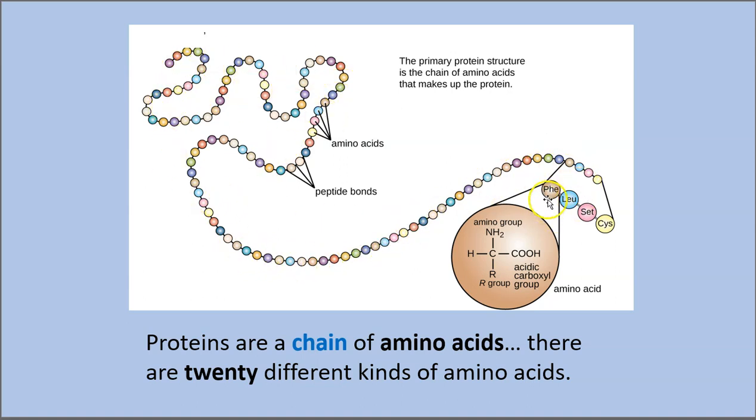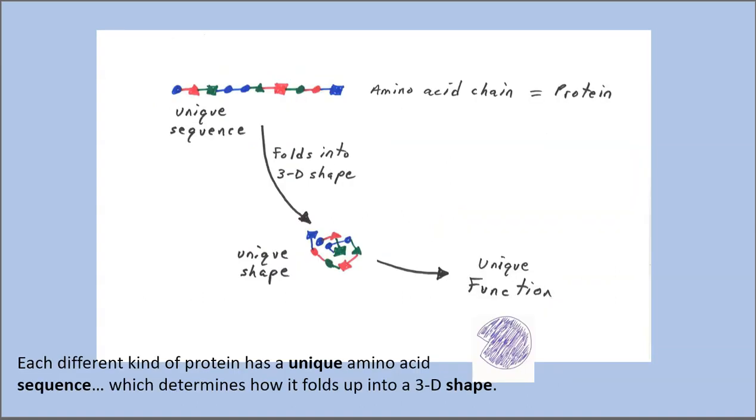And here we see phenylalanine, and there's the basic structure of an amino acid. But there are 20 different kinds of amino acids, and all living cells are using the same building blocks, the same amino acids, to build all their proteins. It's just different species hook up these amino acids in different sequences to make species-specific proteins. Each different kind of protein has a unique amino acid sequence, and here we see the sequence of amino acids here.